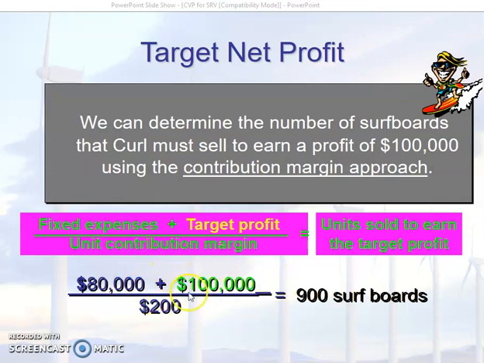Now, if we add 100,000 to the mix, this is essentially 180,000 over 200, and we can determine that to make $100,000, we will need to sell 900 surfboards. Again, given the same information as before: $500 sales price per surfboard, $300 variable cost, no change in fixed cost of $80,000.